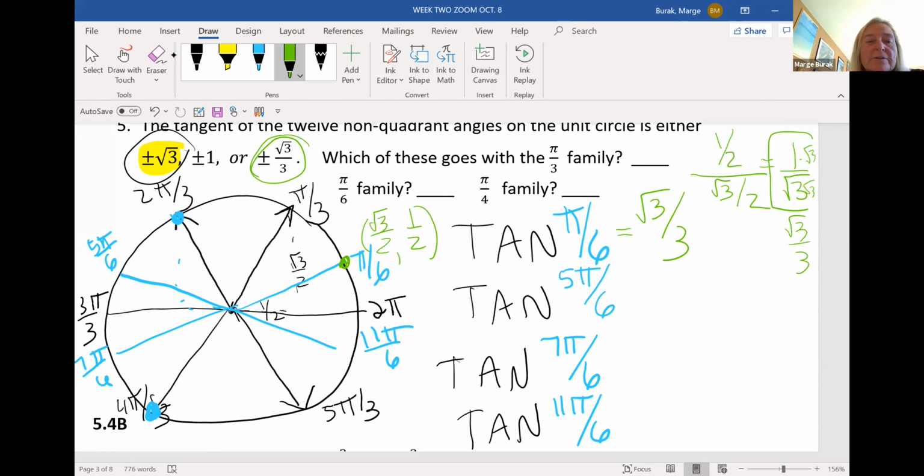Makes me nervous. I wish I was in the classroom with you. Okay, so 5 pi over 6 is the same point. It's the same two numbers, y over x. But the question is it positive or is it negative?